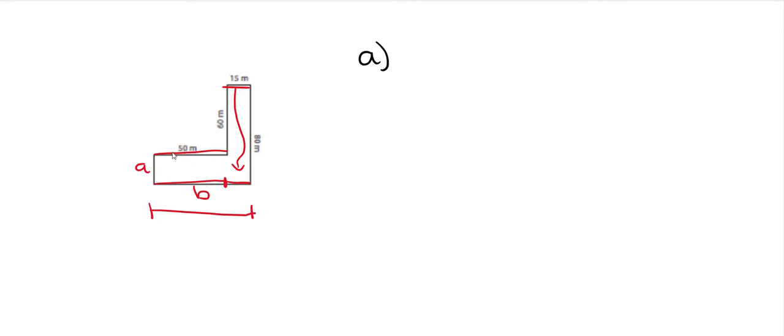So it's just a matter of saying 50 plus 15 equals 65, and we're in meters. Okay, so side length B, because I've labeled it and called it B, I can just say B is equal to 65 meters, or if you read through the diagram, you can just put those measurements there.